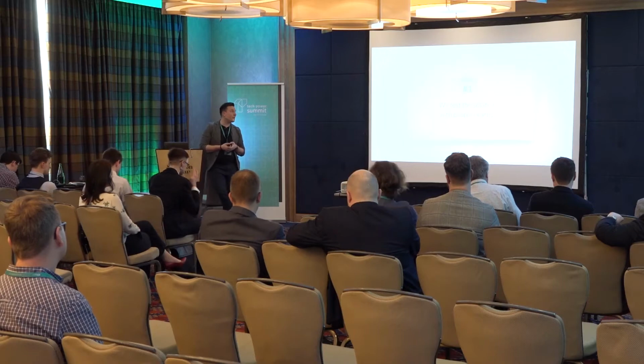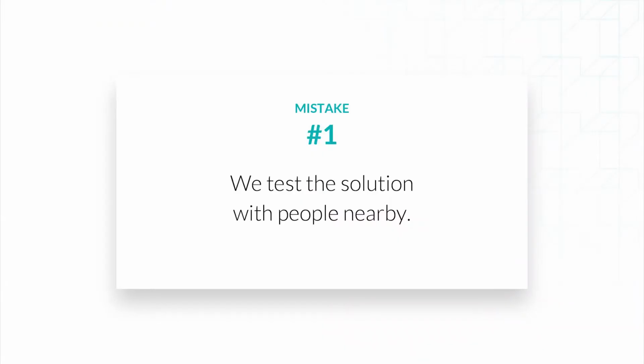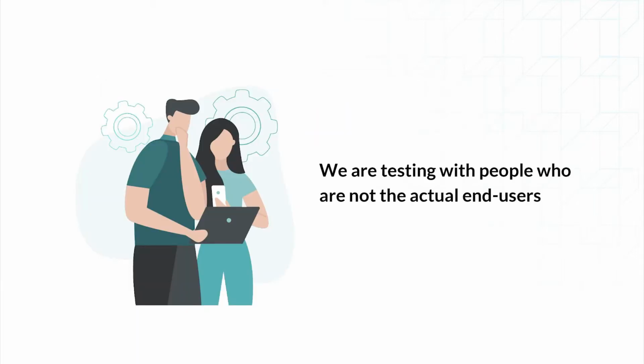Mistake number one is that we usually test the solution with the people nearby, which means people who are not the actual end users. Sometimes we turn to our peers and colleagues, or other people from product development who are biased. That becomes a real problem when you want to test the software with the people who are most probably going to pay for it, the ones who will become the users.